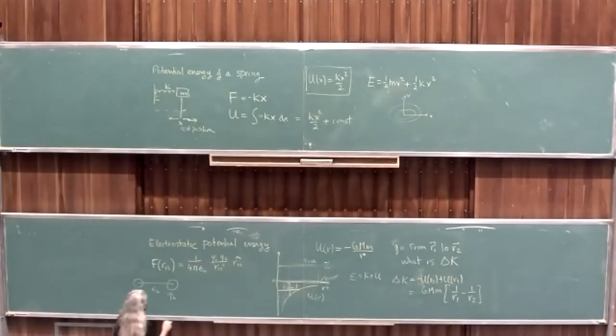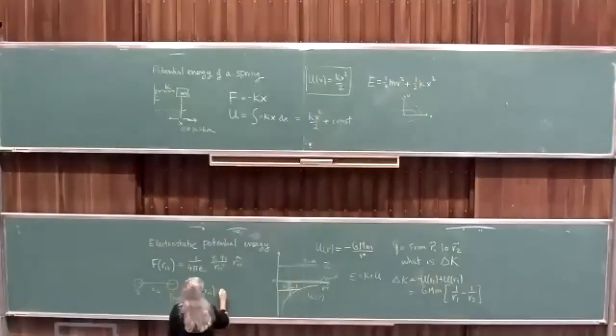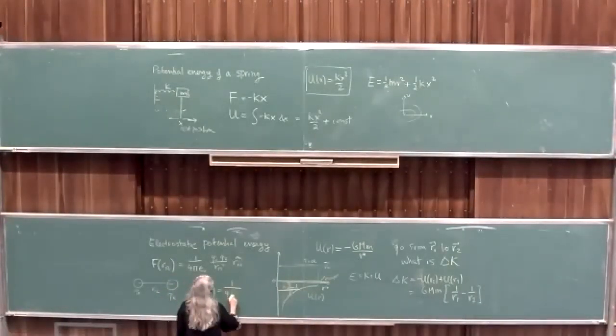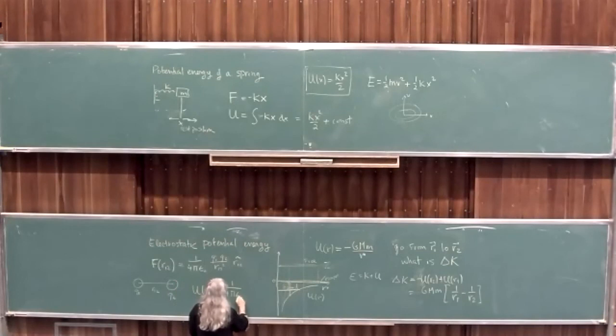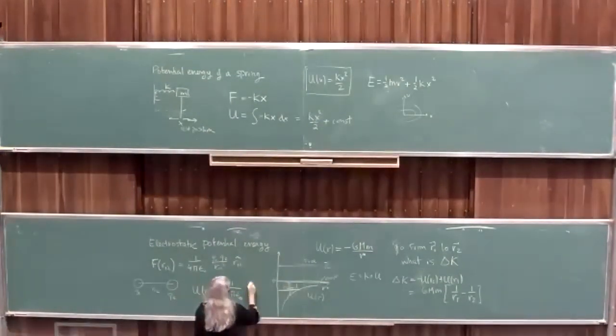So the potential energy function depends just on the distance between the two particles, and this is the electrostatic vacuum constant times Q1 Q2 over r.